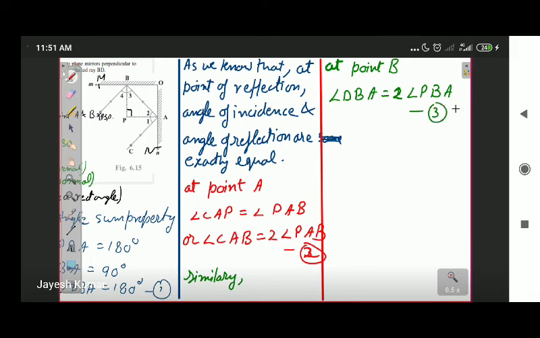Now what are we going to use? We are going to use equation number 2, equation number 3 and equation number 1.